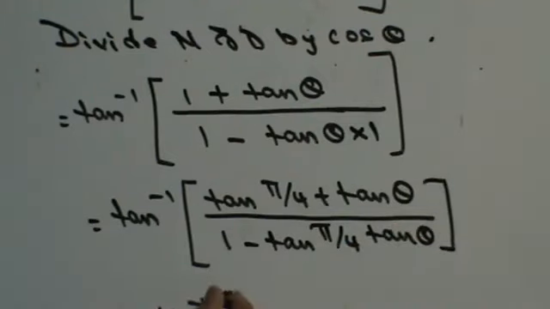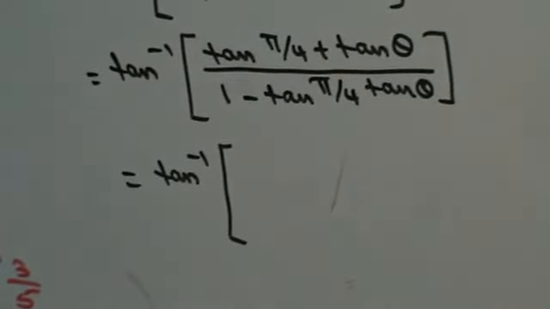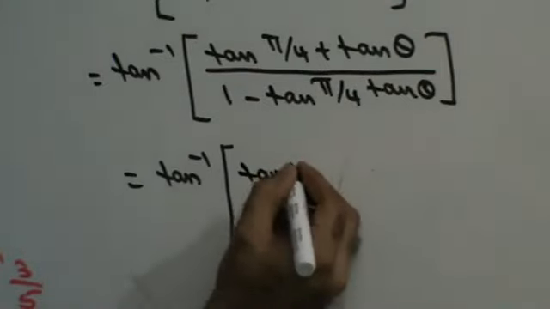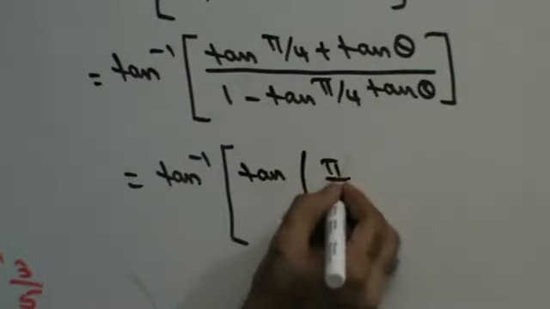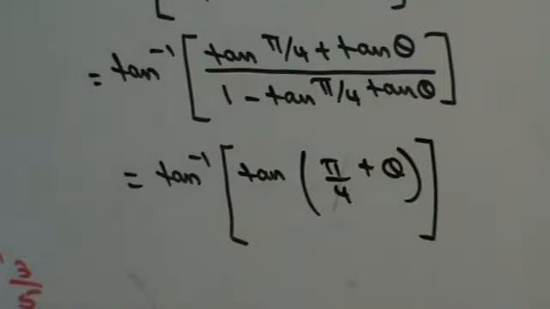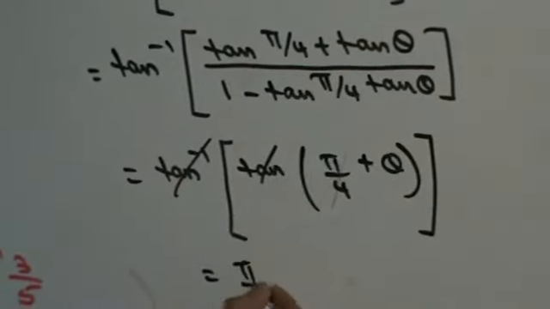I could use the addition formula here. Tan A plus tan B upon 1 minus tan A tan B is tan of A plus B. Tan inverse and tan get cancelled, so this will be pi by 4 plus theta.